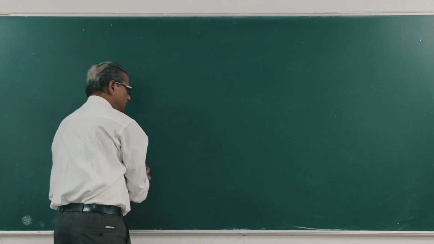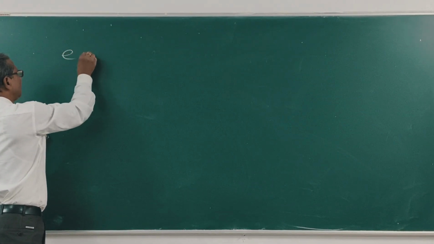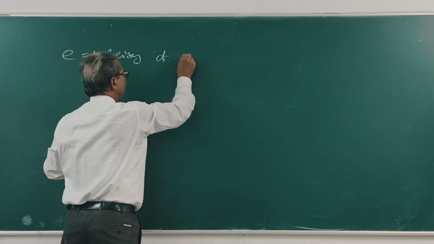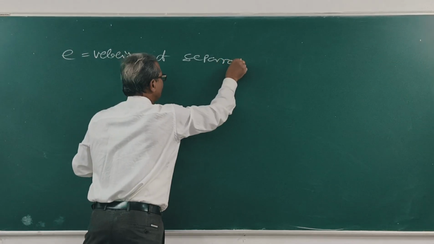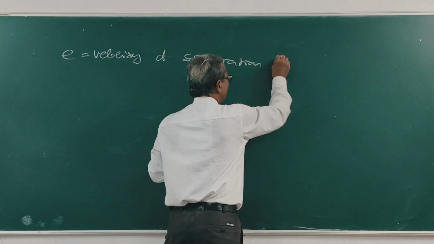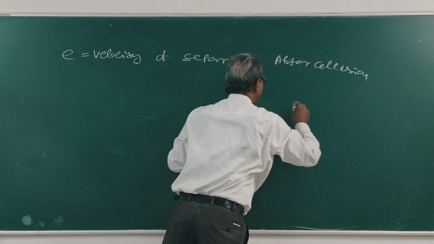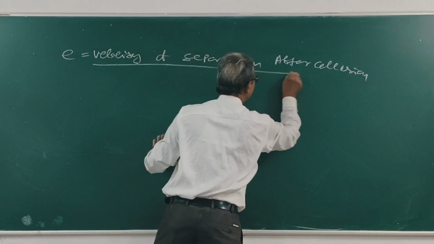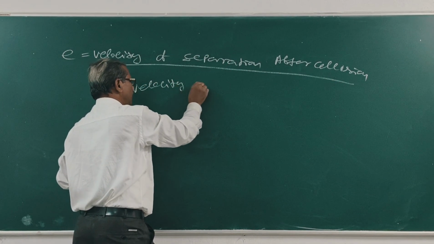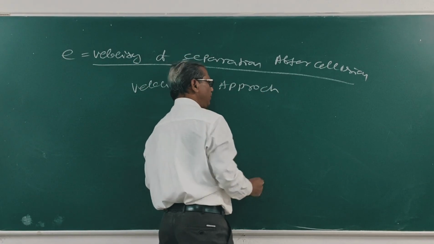That is, e is equal to velocity of separation after collision by velocity of approach before collision.